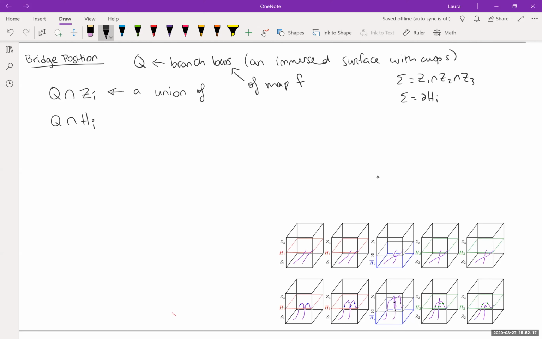Marco? Hi. Do you need Q to also have negative double points, or are positive double points enough? Negative. What we get out of Auroux's theorem is that potentially we need negative nodes, negative self-intersections of Q, so we are allowing that to happen. And when we try to move things into bridge position, we're using this Auroux-Katzarkov improvement of the result, which says you can assume that the surface is braided with respect to a linear pencil in CP2.